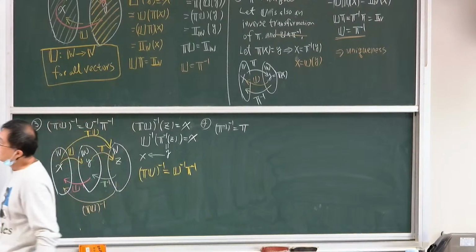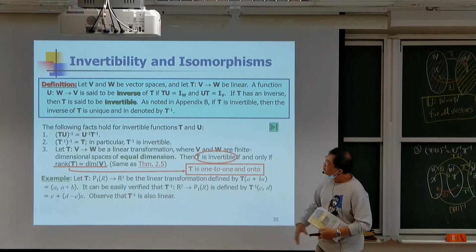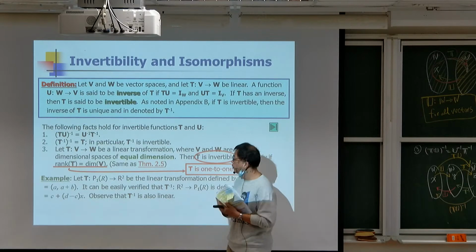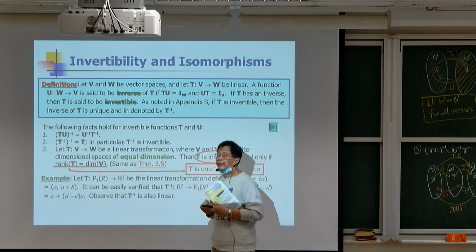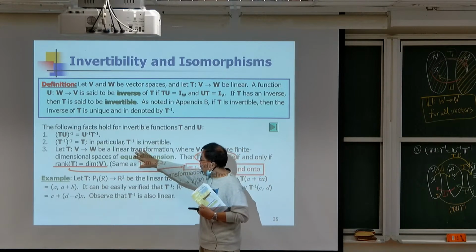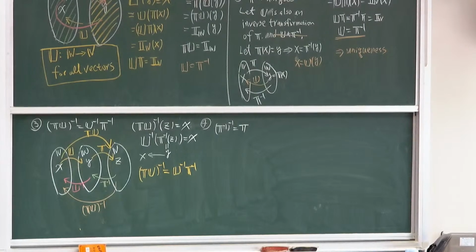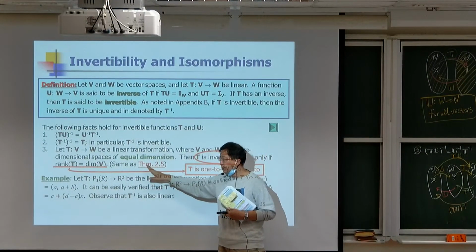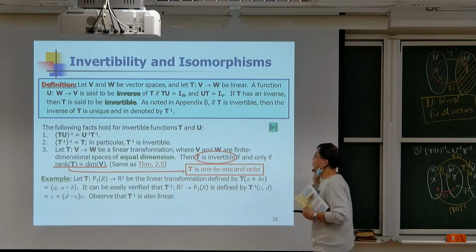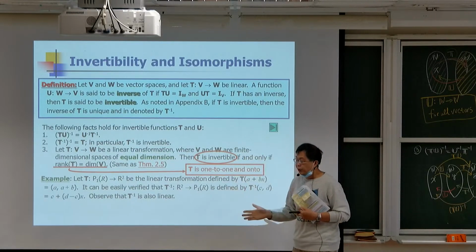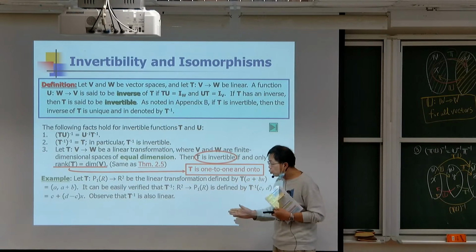Okay, then the final one is the third fact. We have already proved that if T is invertible, then rank T equals dimension V. We have already proved it because we assumed T is invertible, so this transformation is 1 to 1 and onto.